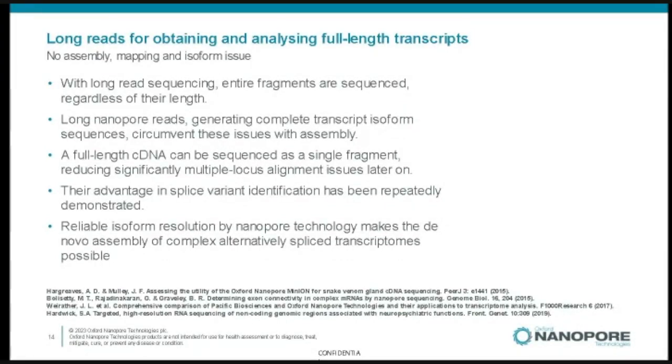A full-length cDNA can be sequenced as a single fragment, reducing significant multiple-locus alignment issues. Their advantage in splice variant identification has been repeatedly demonstrated. So reliable isoform resolution by nanopore technology makes the de novo assembly of complex alternative splice transcriptomes possible.